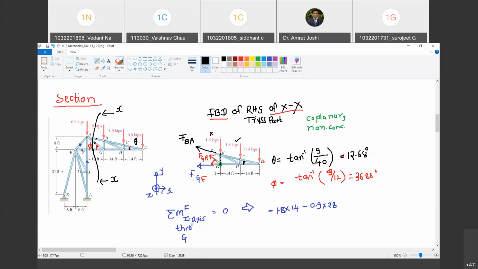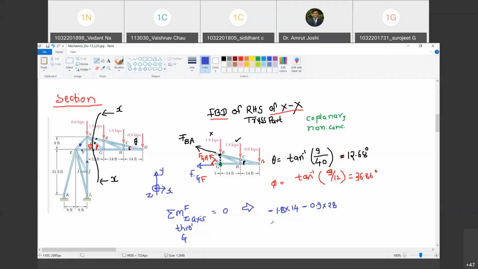I am going to translate this force along its line of action. I am going to assume that it acts at B, with its horizontal and vertical components. The vertical component acting at B has a line of action that would pass through G. Do you agree with me? Yes, sir. So therefore, the vertical component of FBA does not contribute to this equation. But the horizontal component of FBA is going to produce moment about G. Do you agree with me?